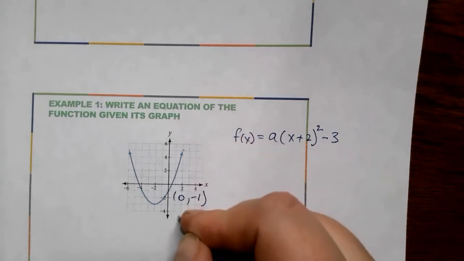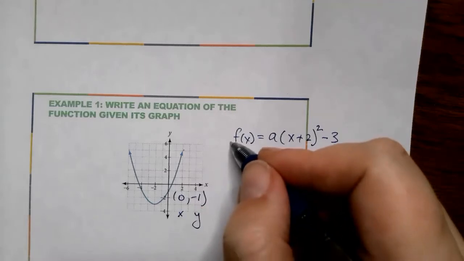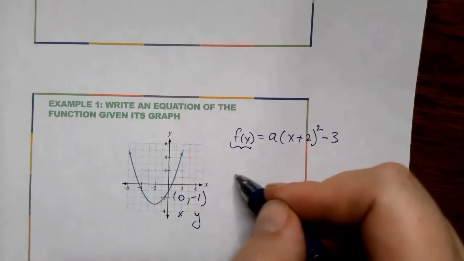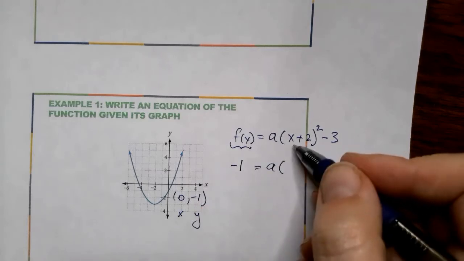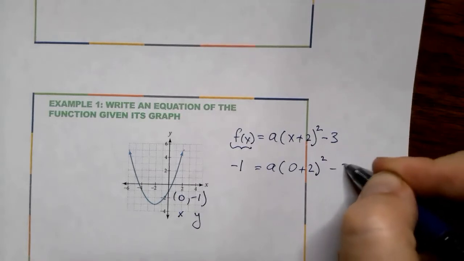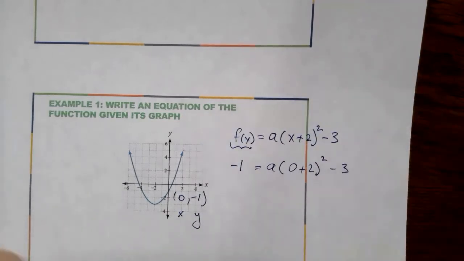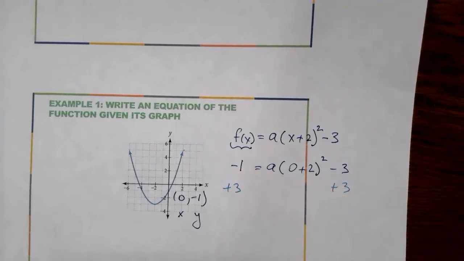So this tells me x is 0, and this tells me y is -1. So f of x is y, so I'm going to plug in -1 there. a times (0 plus 2) squared minus 3. So I'm going to add 3 to both sides, square my 2, multiply by a and simplify.